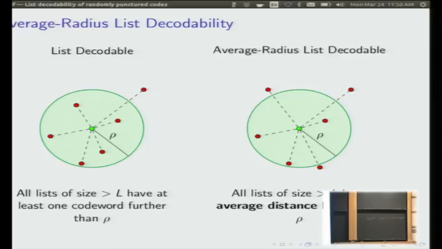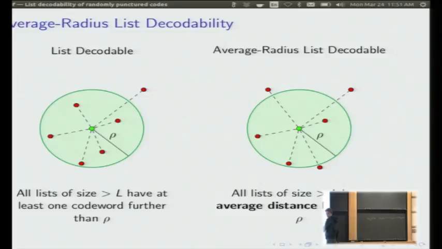But here's the definition. Let's recall the definition of list decodability in pictures. It says that if I have any L+1 points, then for any ball of radius rho, at least one of those points lies outside that ball. I can't have L+1 points all contained within a ball. In contrast, average radius list decodability says that if I have any L+1 points, then their average distance from their center had better be larger than rho.